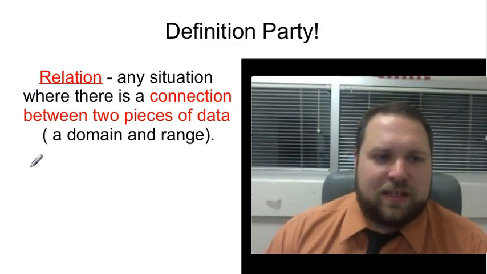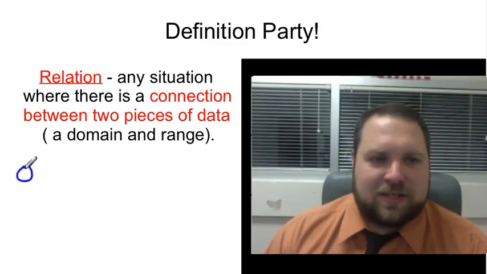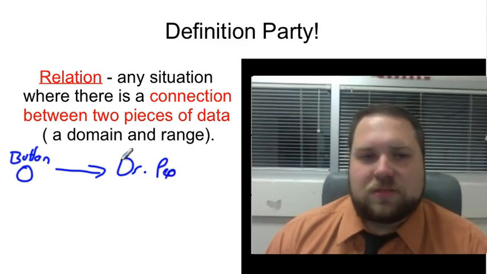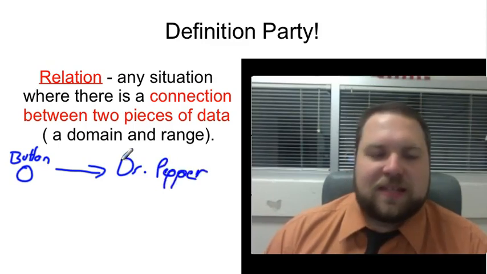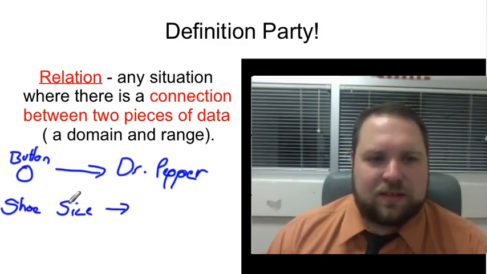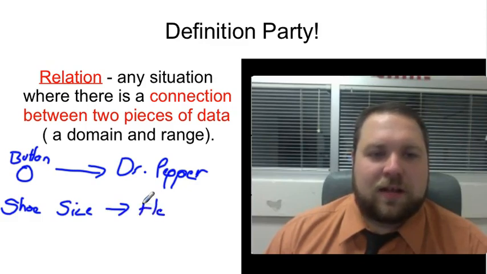So it could be that there is a connection between a button and a Dr. Pepper, say. Just a thought. It could be that there is a connection between your shoe size and your height.